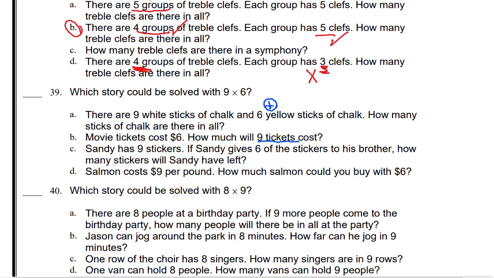Each one costs 6, so the first 6, the second 6, and so on. I think multiplication. Yes, because we're repeating the 6. The 6 is repeating. So it is multiplication, the right answer. So this one is correct.